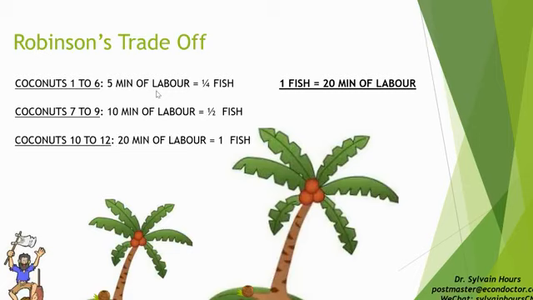And 5 minutes of my own labor is 1/4 of the time that I need to catch each fish. So for that reason, the opportunity cost of collecting the first, second, third, up to the 6th coconut is only 1/4 of a fish. A low opportunity cost.